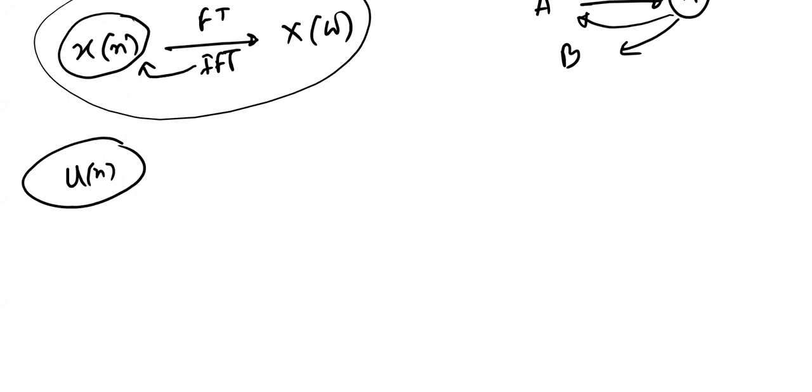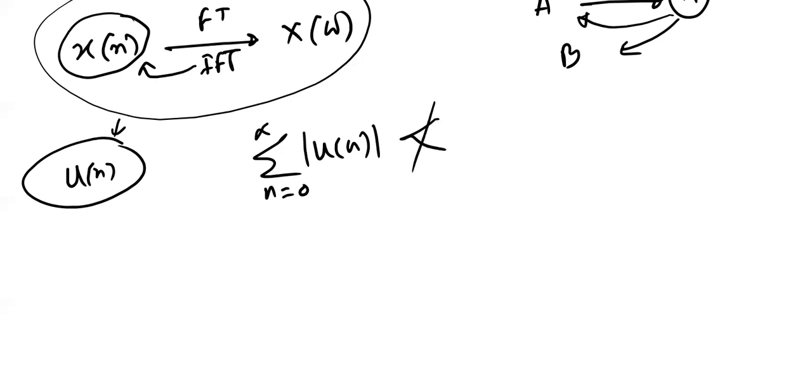As we already know, for convergence, u[n] does not converge for n equals 0 to infinity. What I mean is that for n equals 0 to infinity, if I go for the summation of the absolute value, the modulus, of u[n], that is not less than an infinite value.